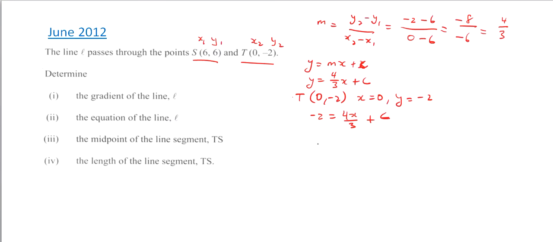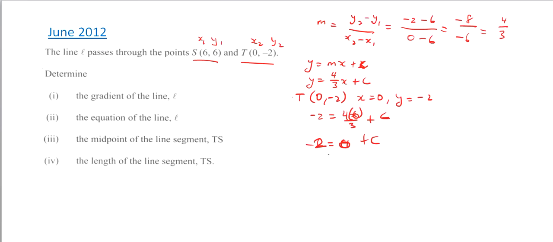Right? So now what we should do is to get rid of this 3 at the bottom here. So we multiply everything by 3, and this will give me -6 is equal to 4. Sorry, I made a mistake here. This is 0. I don't even need to do that. Leave this as -2, and this will be 0 plus c.